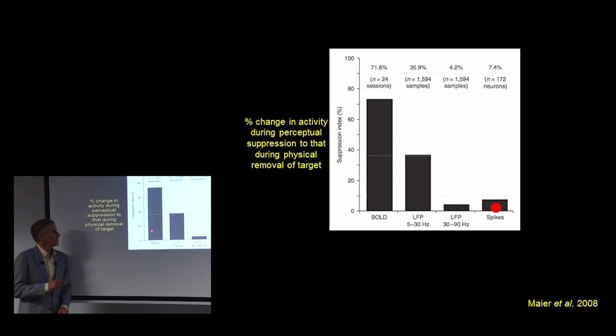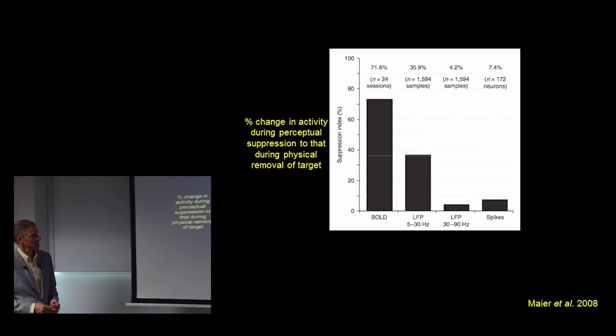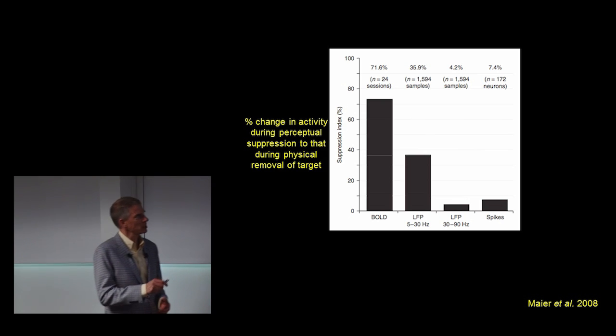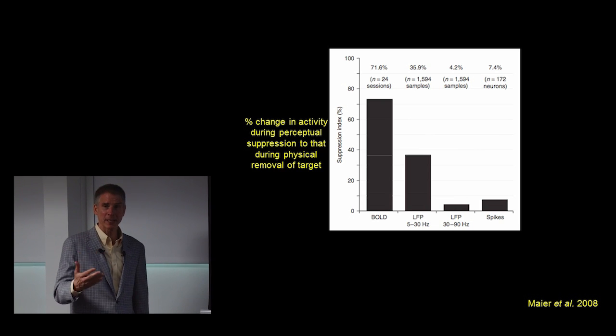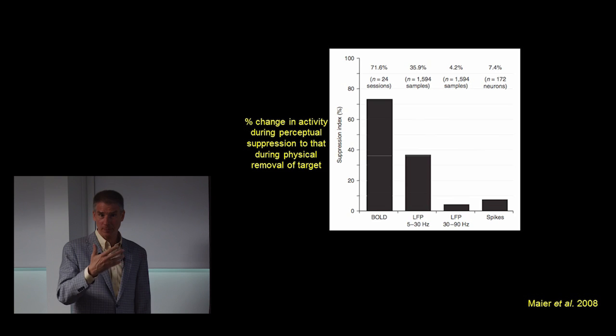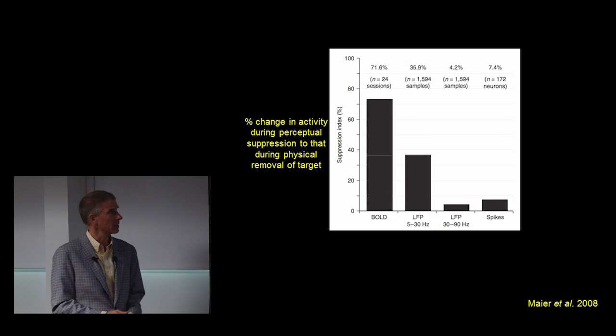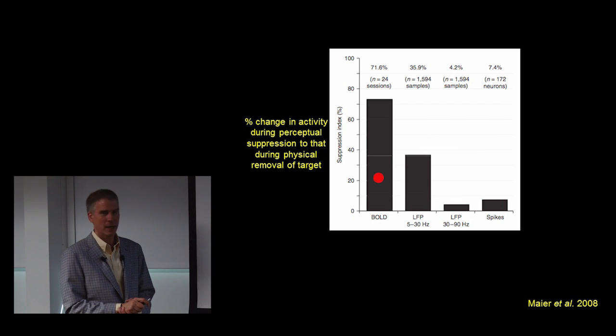Here he plots the perceptual suppression index. So think of it as how much the signal corresponds to what the monkey is seeing, which under these conditions is a so-called perceptual suppressed condition. The monkey shouldn't be seeing this stimulus, although it's present on his eye, but because of the masking, the monkey tells you, I'm not seeing it. And what this tells you is that the fMRI closely follows what the monkey is seeing.